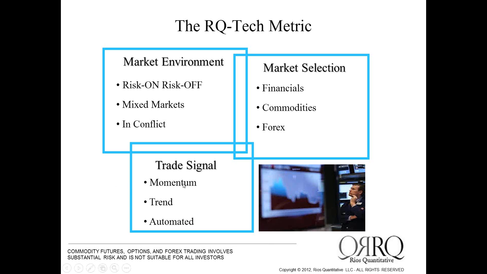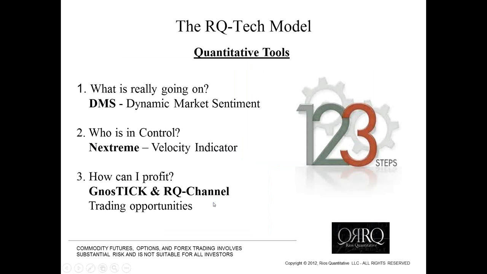We have a momentum breakout signal called the RQ channel. We have a trend following, early formation trend identification signal called GnosTICK. We have an automated system called Einstein. We're going to concentrate on GnosTICK and the RQ channel today.